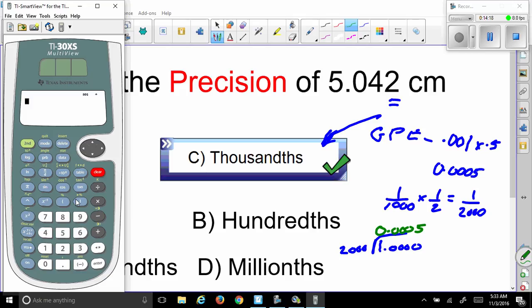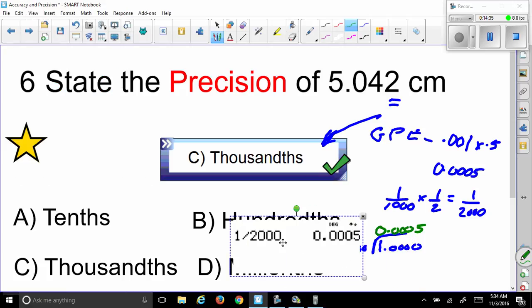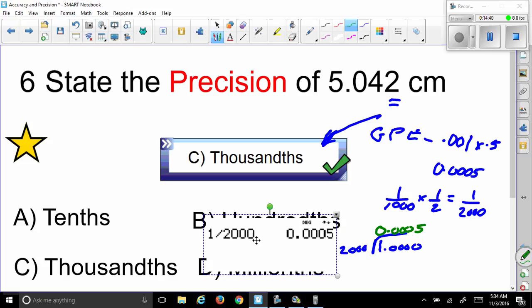So I got 1, ABC button, 2,000, and now press enter. There is my answer: 0.0005, three zeros and a 5.